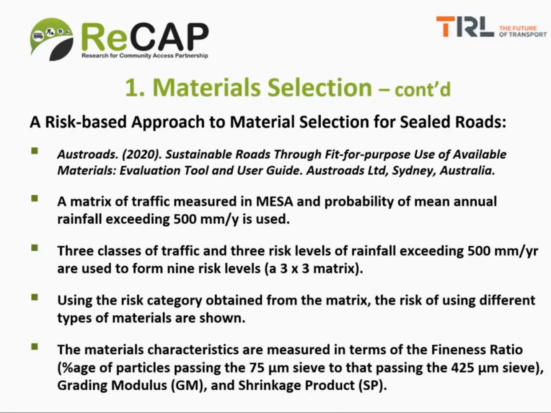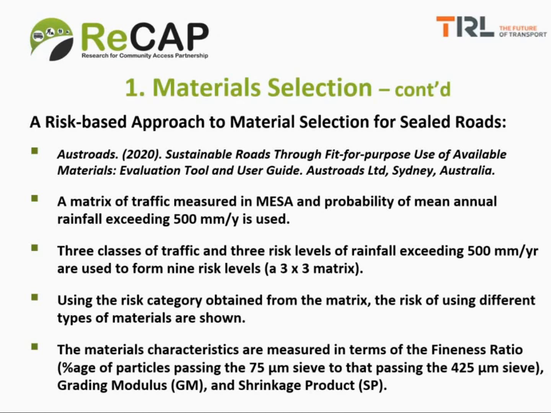Now, it's a 3x3 matrix, meaning that there are 3 traffic classes and 3 risk levels of rainfall exceeding 500 millimeters. And therefore, you will end up with 9 cells into which your rainfall fits and your traffic also fits.